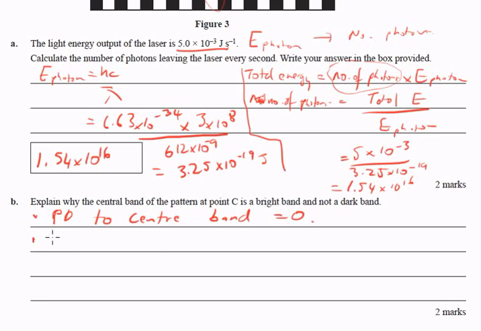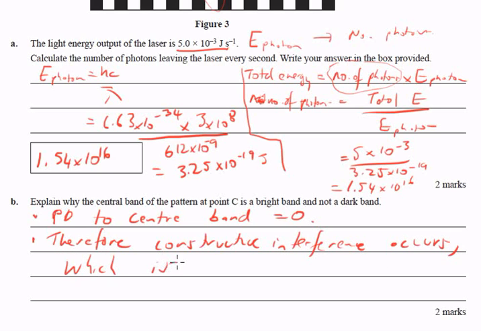Because the path difference is 0, constructive interference occurs, which is a bright spot.